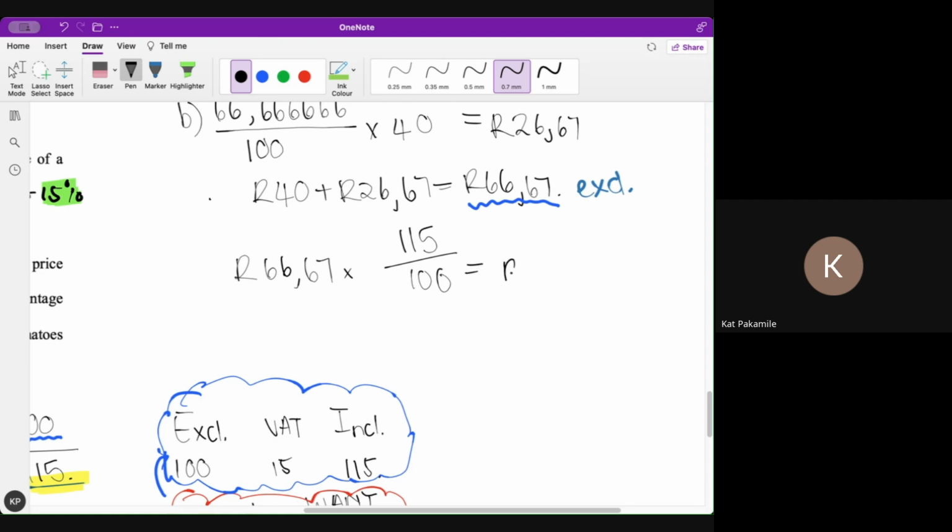So then what is my price including VAT? I know when it goes quiet, we are calculating. The price including VAT is 76 Rand 67 cents. Do you guys finally feel better about this, what I want over what I have, and the excluding and the including? Can I have a thumbs up, thumbs down on this question?